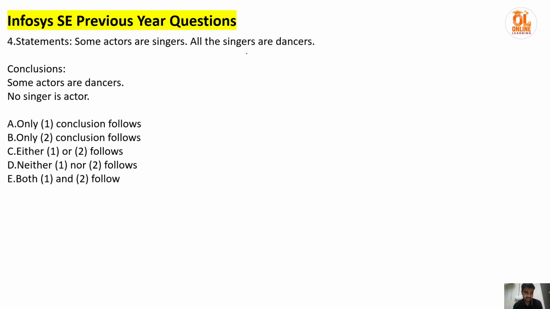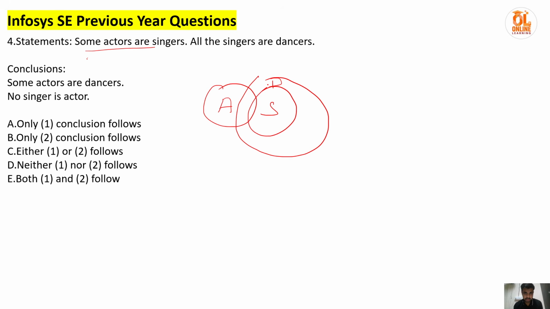Some actors are singers, all the singers are dancers. So it's the second syllogism portion. Conclusion: some actors are dancers, no singer is an actor. So see the statements. Some actors are singers. All the singers are dancers. Some actors are dancers.